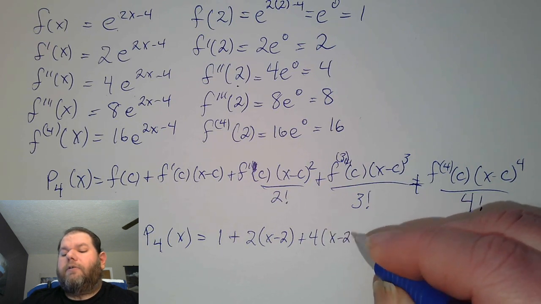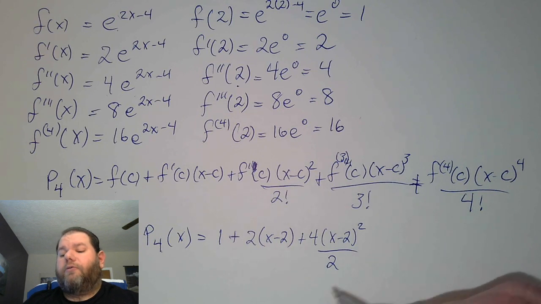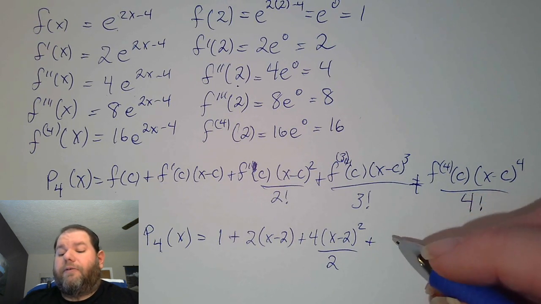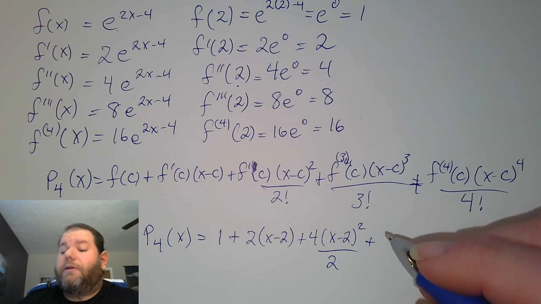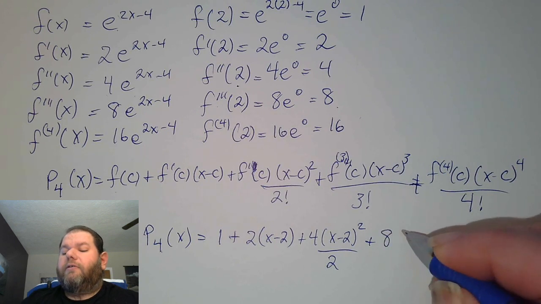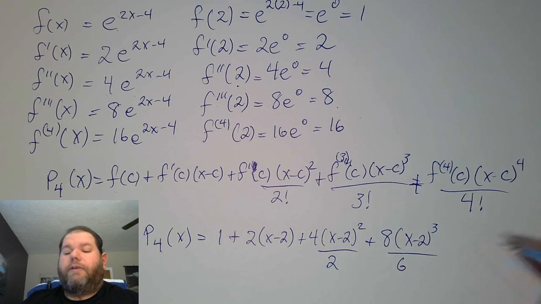times x minus 2 squared over 2 factorial, which is 2 on the bottom, sorry. I wrote down a 2 and then I said 4. Third derivative at 2 is 8. So 8 times x minus 2 to the third. 3 factorial is 6.